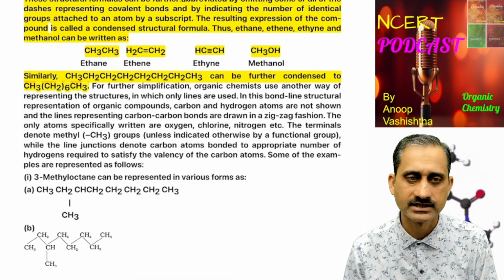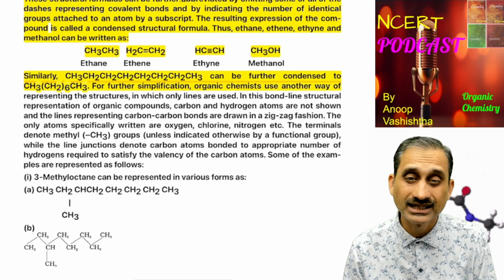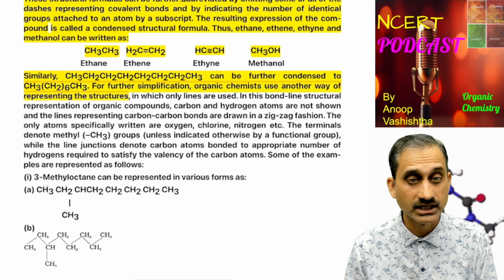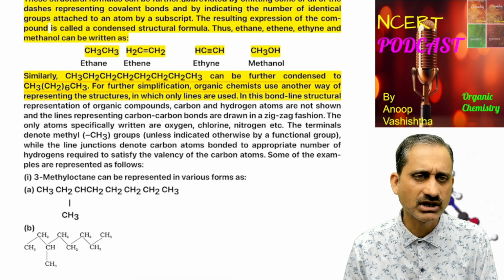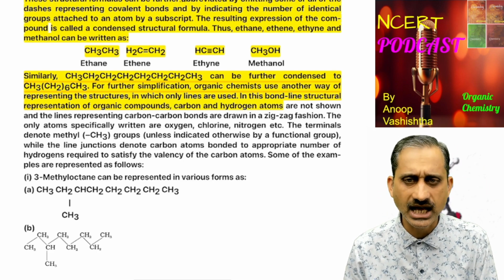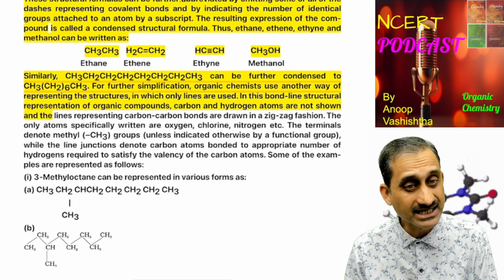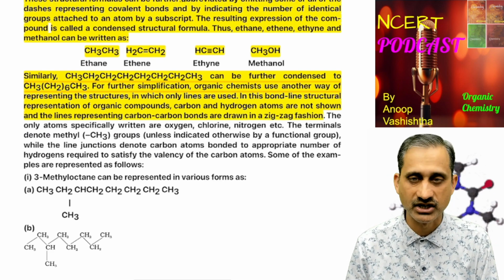For further simplification, organic chemists use another way of representing the structures in which only lines are used. In this bond-line structural representation of organic compounds, carbon and hydrogen atoms are not shown and the lines representing carbon-carbon bonds are drawn in a zigzag fashion.